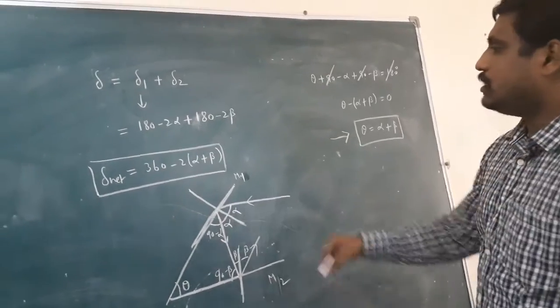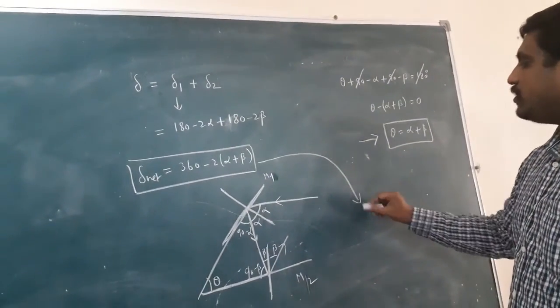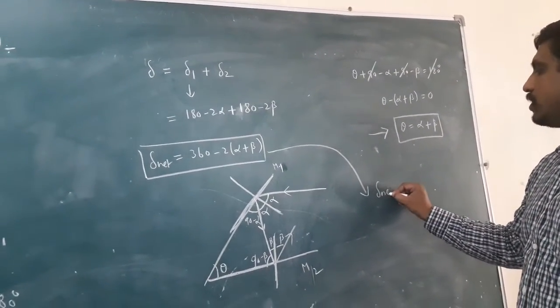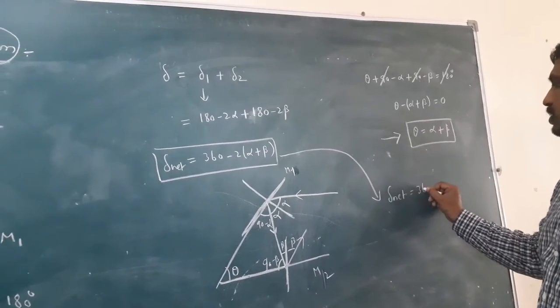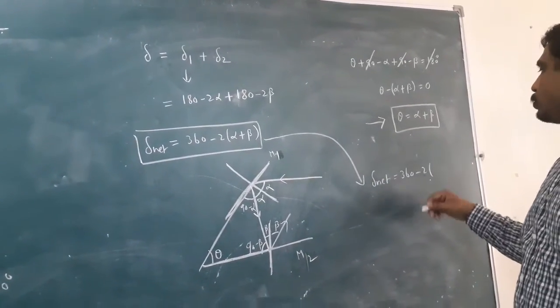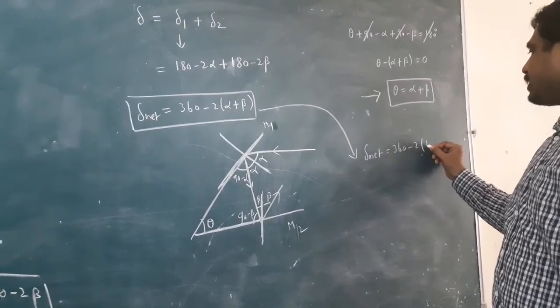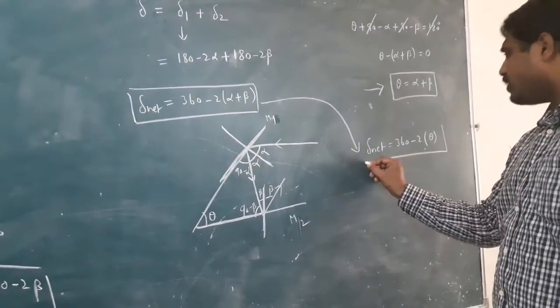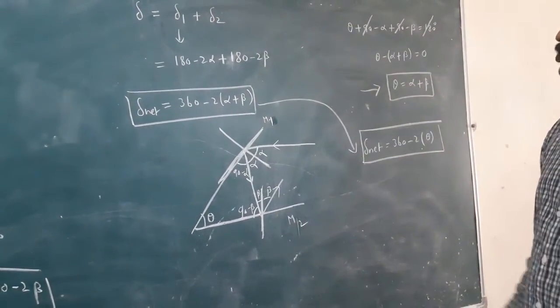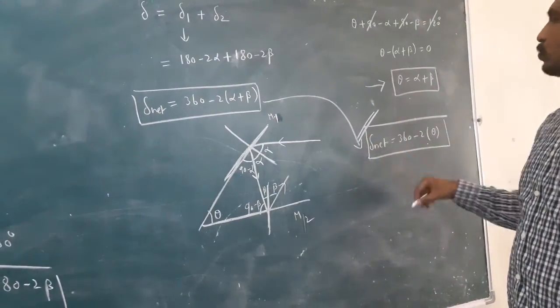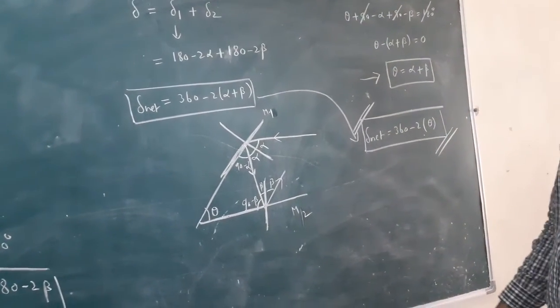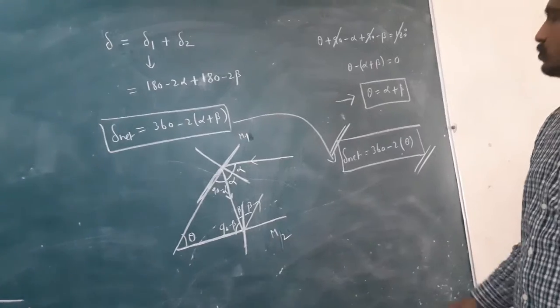That means in the question, to find the net deviation, what is the net deviation formula? 360 minus 2 into (alpha plus beta), where alpha plus beta is theta. What is the final formula for total deviation? Net deviation is 360 minus 2 theta.